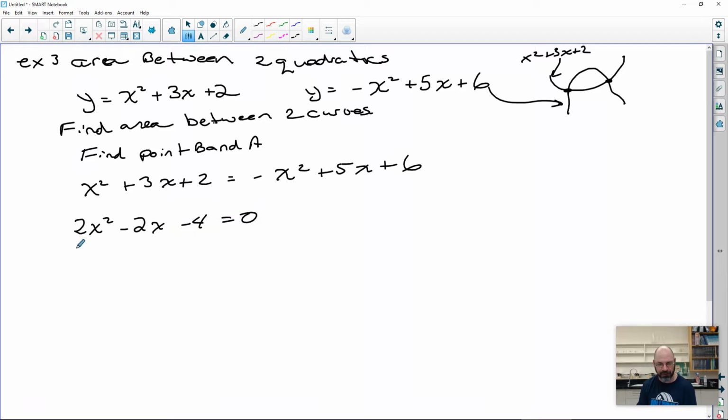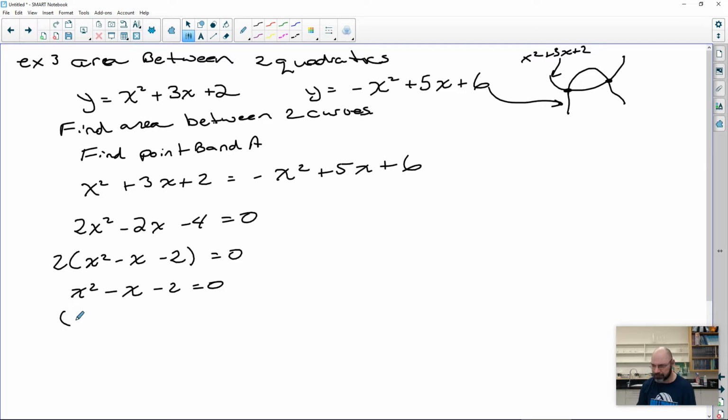Hey, we've got a common factor here. So we can take a common factor of 2 out to get x squared minus x minus 2 equals 0. So we can divide both sides by 2, so that cancels that 2 out, and 0 divided by 2 is still 0 over here.